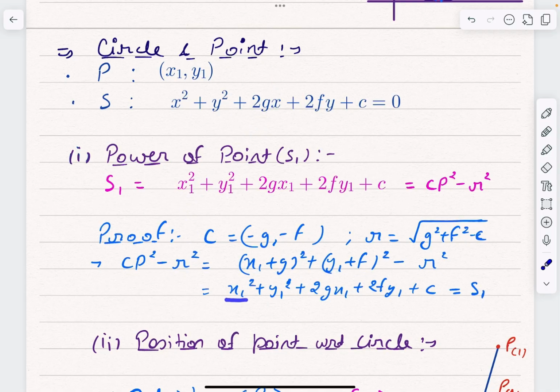You get x1 square plus y1 square plus 2gx1 plus 2fy1, and this will come out to be g square plus f square minus R square. R square will be g square plus f square minus c. When you subtract them, you get plus c only, which is nothing but S1. Okay, so S1, the power of point, is nothing but Cp square minus R square. Cp square is the square of the distance of the point from the center, minus R square.